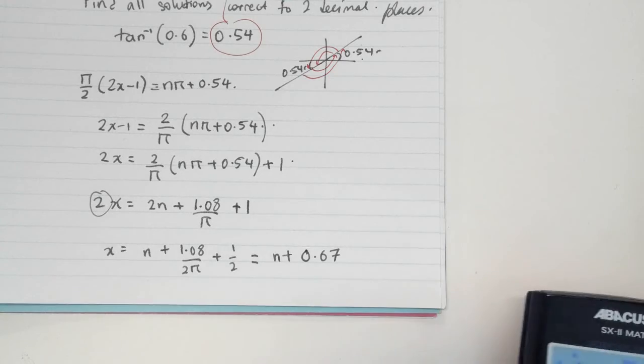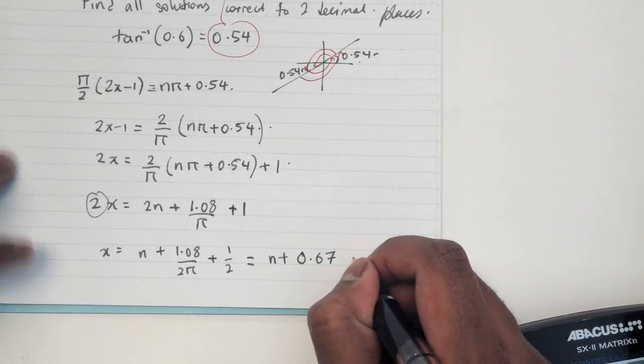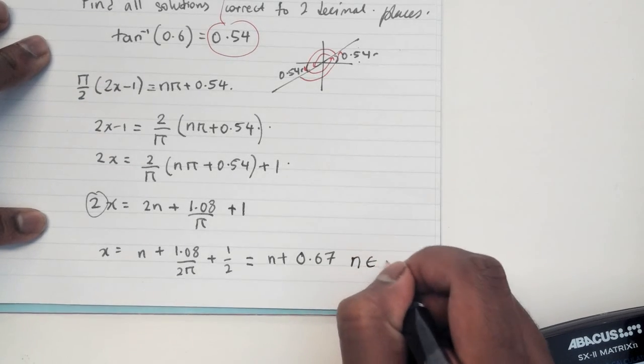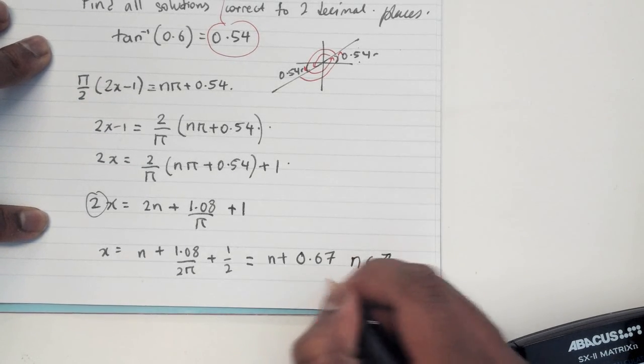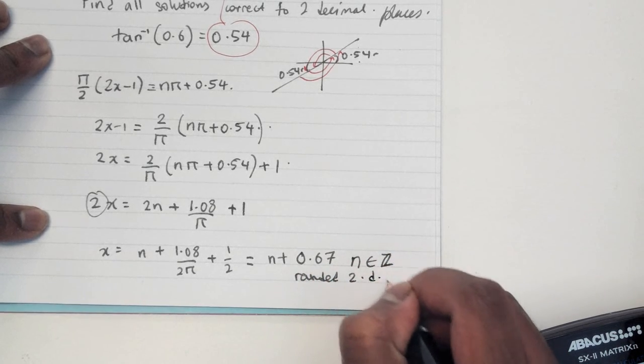Yep, 0.67, and that's your answer. So just make sure you write this bit down where n is an integer, and then rounded to 2 decimal places.